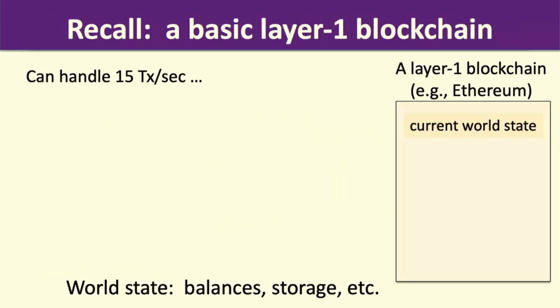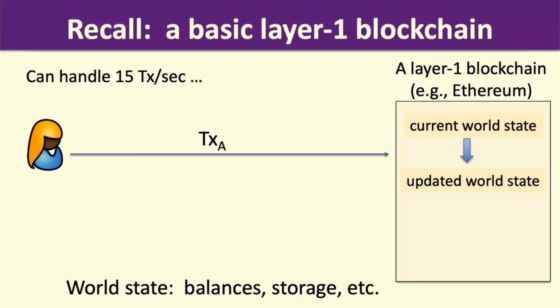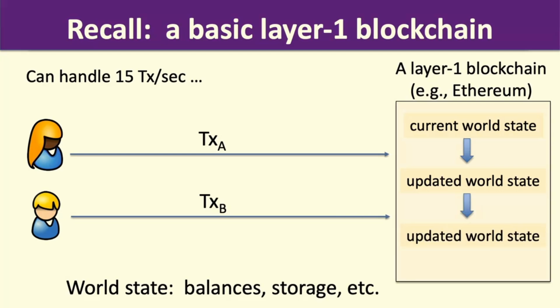If we look at the basic reason why blockchains only do 15 transactions per second, it's that essentially every single transaction will update this layer 1 blockchain and update what we call the world state, which means that every single person running an Ethereum node will have to process and execute these transactions.